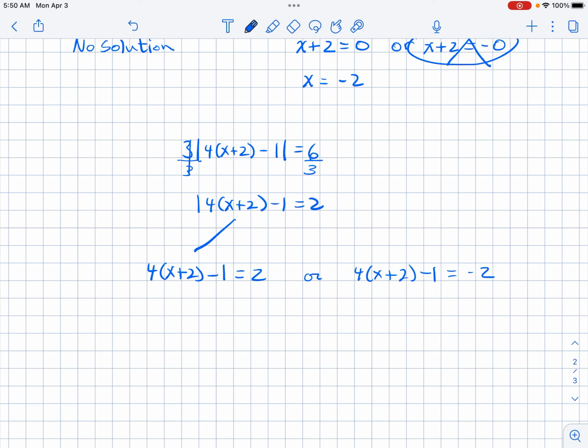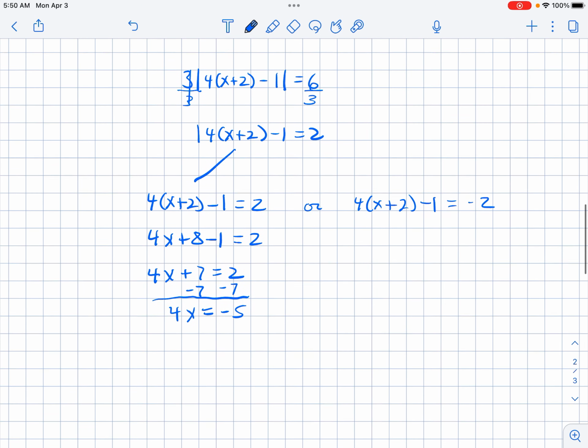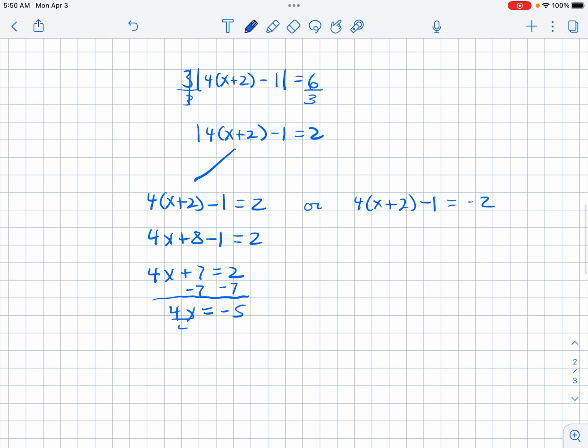So when I do that, notice I get 4x plus 8 minus 1 equals 2, or 4x plus 7 equals 2. Subtract the 7, and I get 4x equals negative 5. And finally, divide by 4, I get x equals negative 5/4.